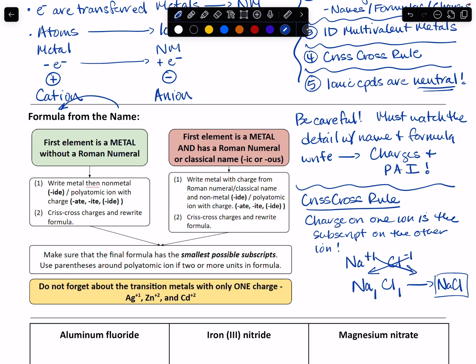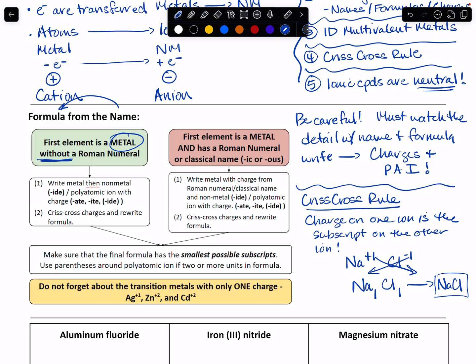So how do we know what to do? We've got our name, and we're reading it, and the first element is a metal, so we know it's ionic, and there is no Roman numeral. So the first thing you're going to write is the symbol of the metal with its charge, and then you're going to write the formula of the second part.